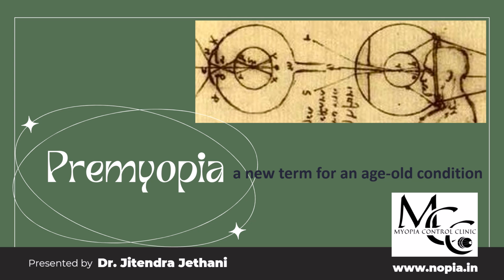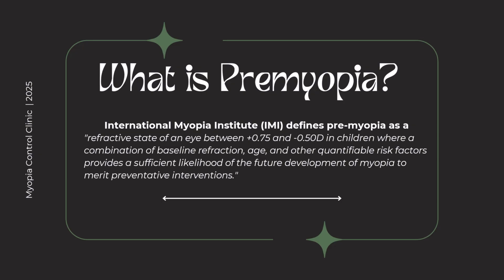Whereas it's a good way of handling the kids if we can find out what the risk factors are, which of these patients would progress, what the precursors of myopia are, and if we can truly prevent myopia, that would be a great advantage for future generations and also for reducing the medical disease burden on these kids. So let us see what premyopia has.